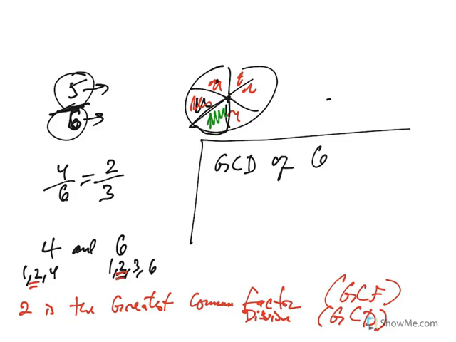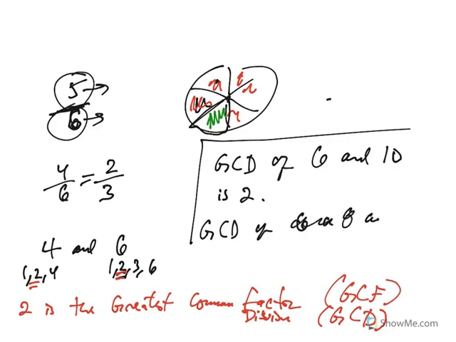You know, GCD of 6 and 10 is 2, but the GCD of, let's just say, 8 and 12 is 4.